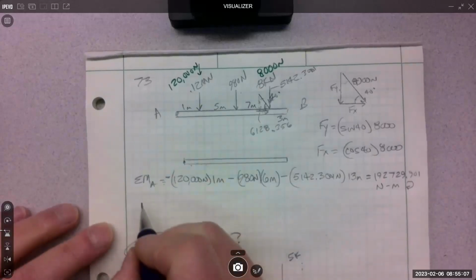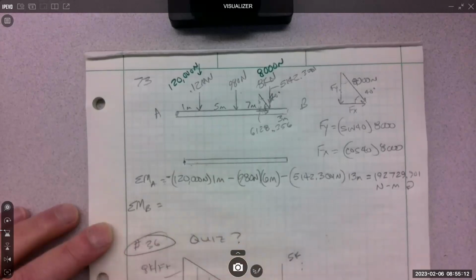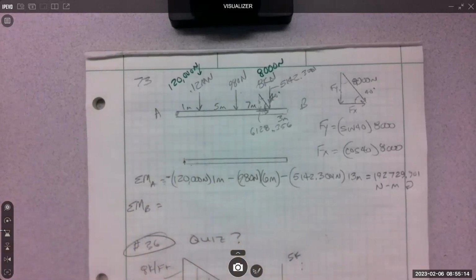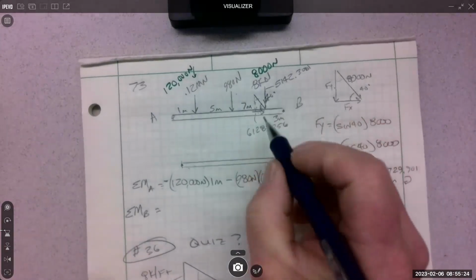And then summing moment at B. So no reason to do this other than practice. The book's just making you grind out some practice. So moments at B, X drops out.